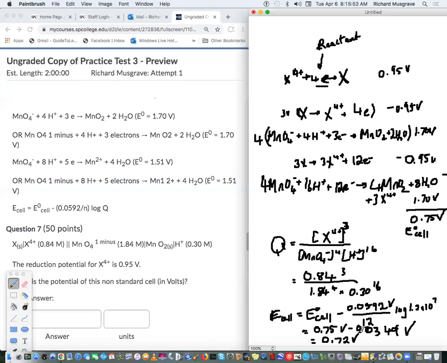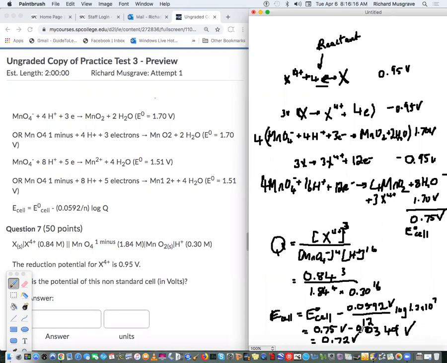Yeah. And then what's the most efficient way to put that Q equation into your calculator? Well, what I did was I did 0.84 and I used a caret mark. What do you have on, which calculator do you have? Yeah, I have that. Okay. Yeah, so I did 0.84 caret 3, right?